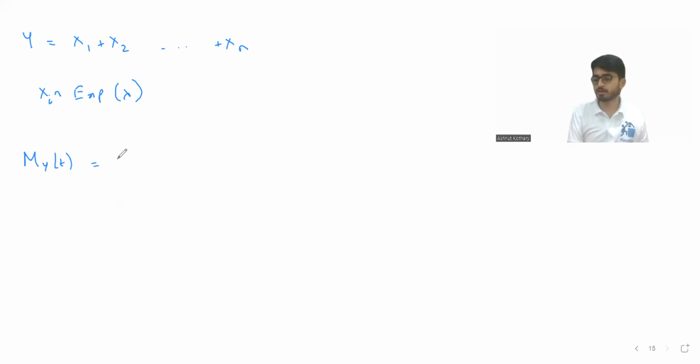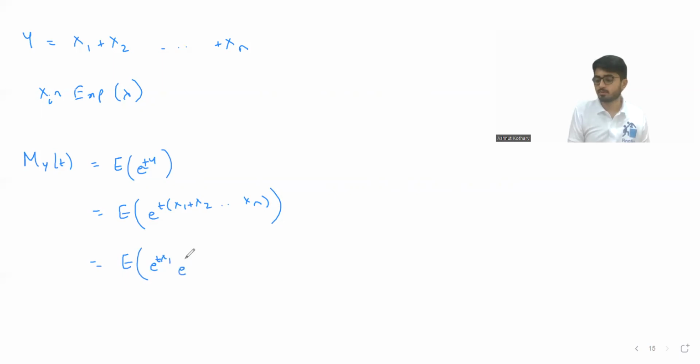So MY(t) will be nothing but expectation. All of you take a look. E to the power ty, which I can write as e to the power t(x1 plus x2 plus xn), which I can write as e to the power t x1, e to the power t x2, e to the power t xn.